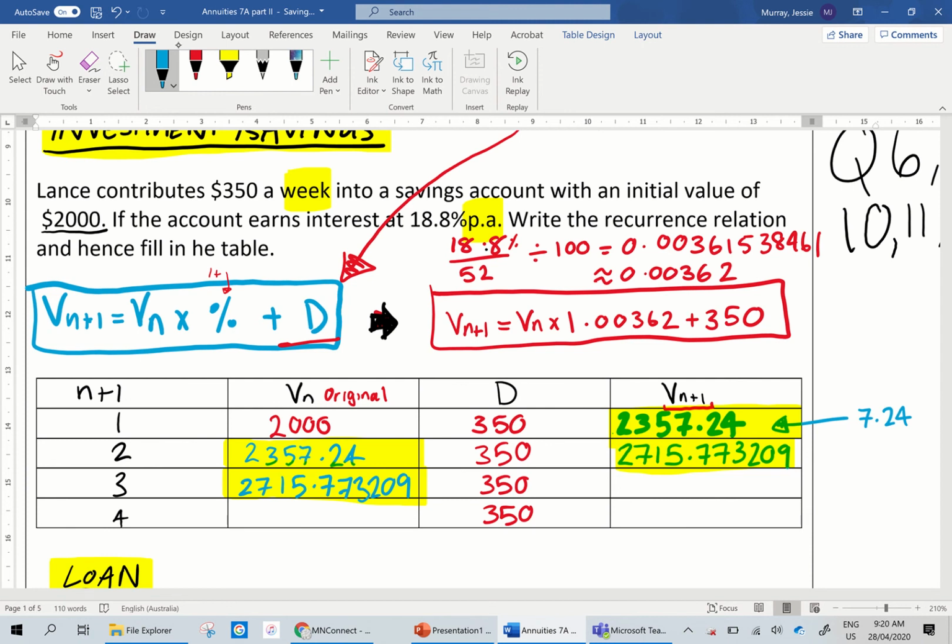Alright, now we're going to sub in both of those values. Times by 1.00362 plus 350, 3075.604308. Keep bringing it down.